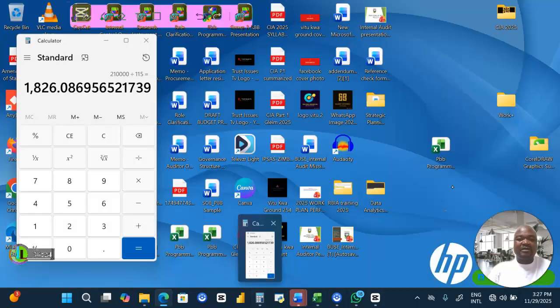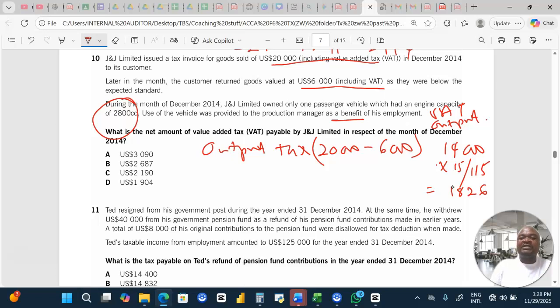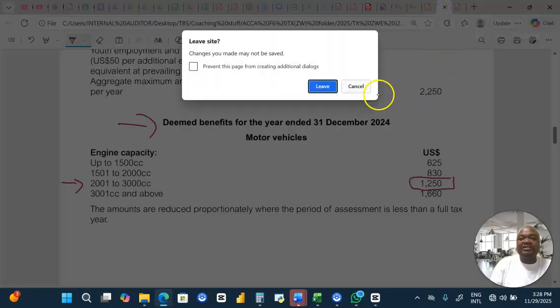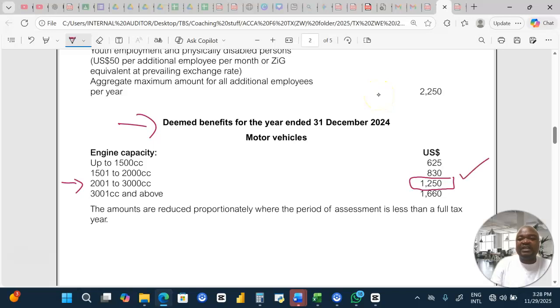Yes, 1,826. But now we do not stop there. There's also the deemed benefit, the PMV benefits, the passenger motor vehicle benefits. Remember, the deemed benefit here is 1,250.